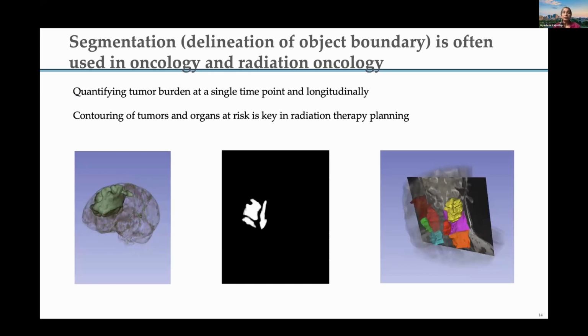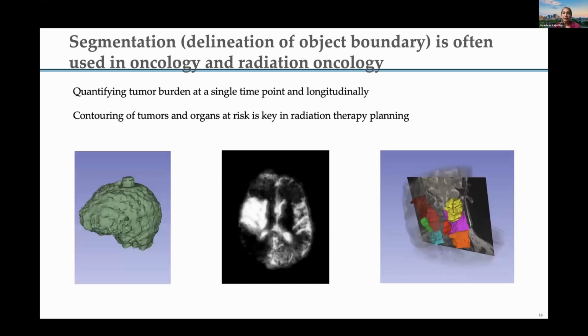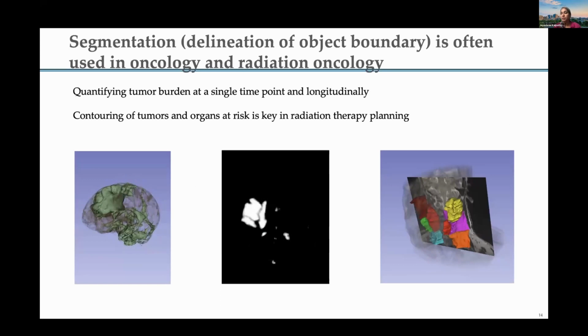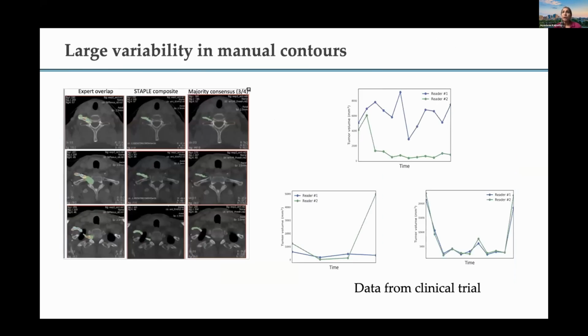So segmenting tumors in radiological images, in pathology, and a variety of different images is another fairly common and tractable task. Besides segmenting tumors, deep learning and other approaches have been used to segment all kinds of organs. So in radiation oncology, for instance, you might want to segment organs at risk, in addition to the tumor itself.